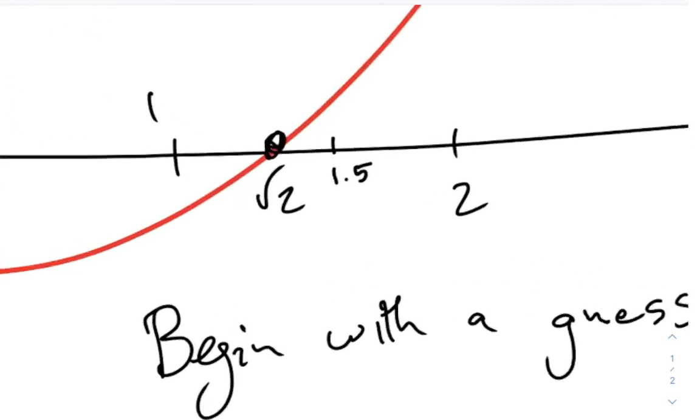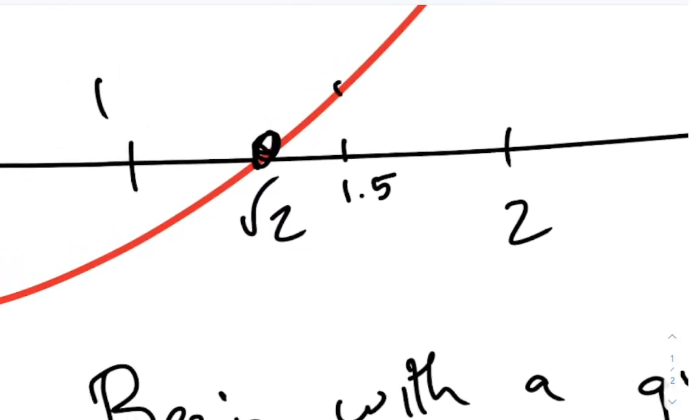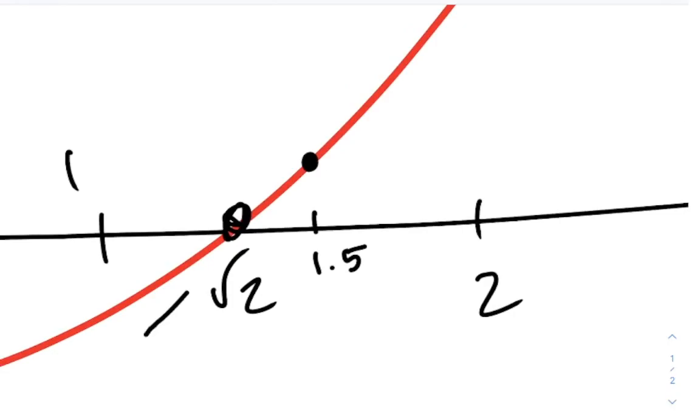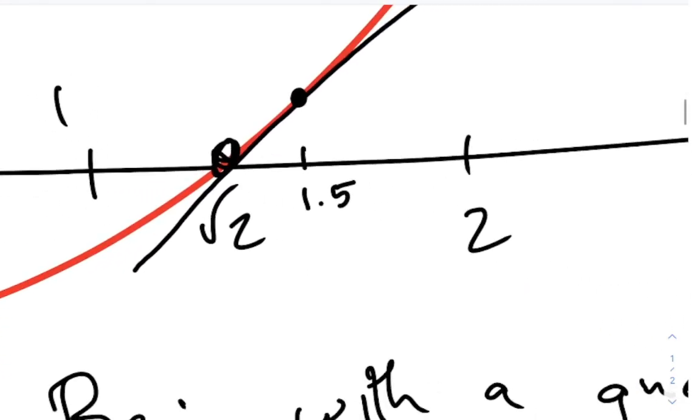The idea is you go to this point, you look on the graph at that point, you draw the tangent line to the curve, which in this example would look something like that maybe. And then you find the x-intercept of the tangent line. And that will be quite close to the actual root. On my picture, actually, they're almost indistinguishable.